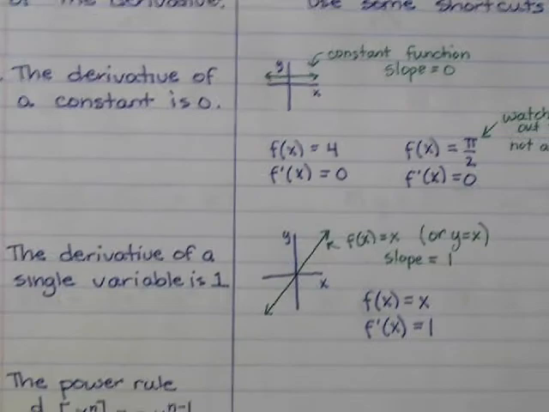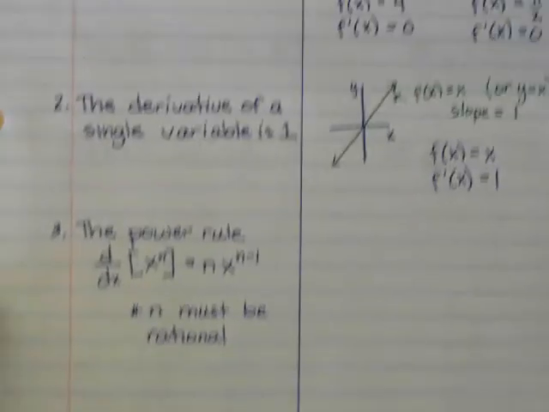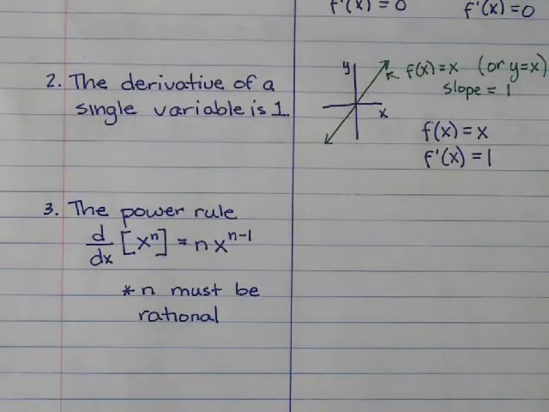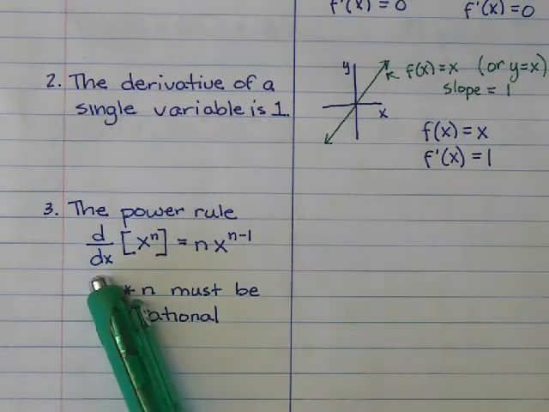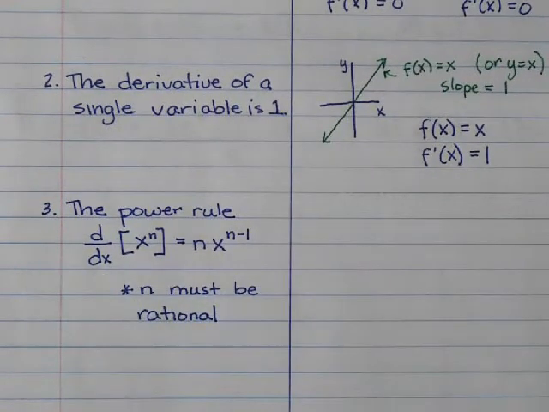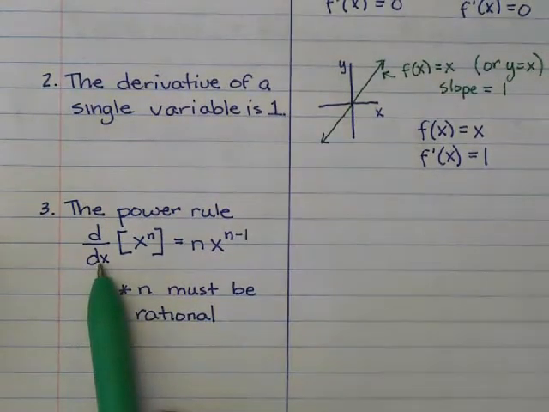Now, one of the ones that we're going to use most often is the power rule. And we're just going to take their word for it that this is how it's going to work. Okay, so remember that d dx is just another symbol for derivative.